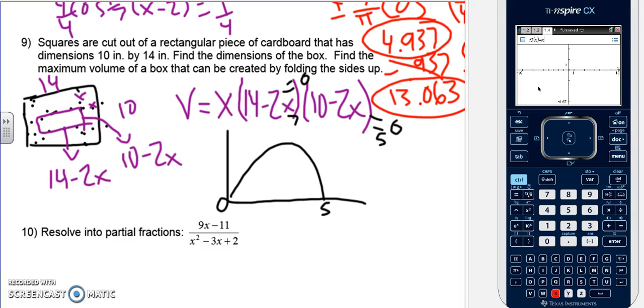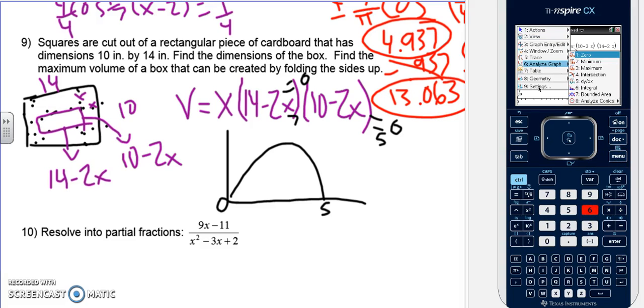Again, make sure you do x times, and then in parentheses 10 minus 2x, and then 14 minus 2x. And then we got to change our domain. So we're going to go menu, window, settings, 0 to 5. There we go. Menu, window, zoom fit. Perfect.